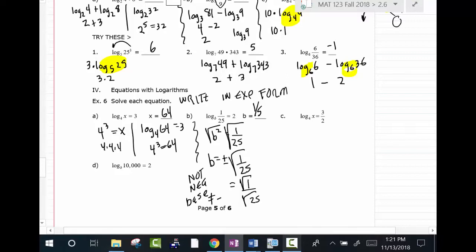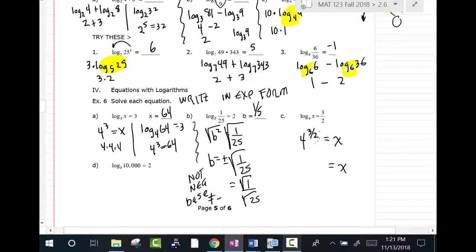Okay. Next one, this one's a little different. We're going to start this in the same way. You'll say 4 to the 3/2 power is equal to x. Now, I'm going to show you how to do this with and without your calculator. It's good to know how to do this both ways, all right? What this means is this.